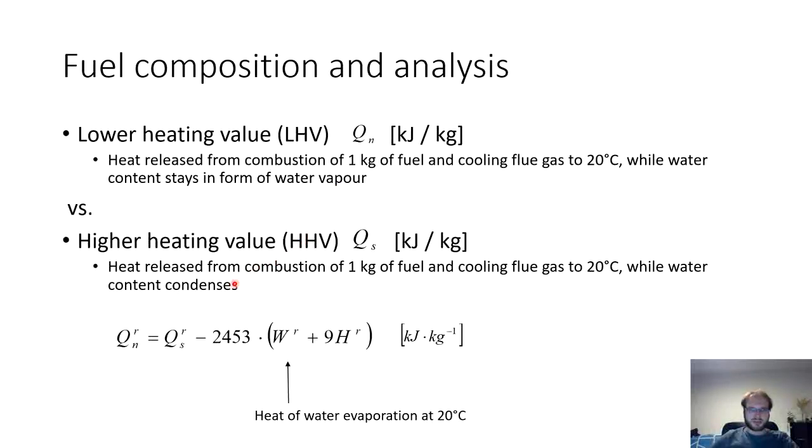The higher heating value definition is similar, but it says that the water content condenses. So the higher heating value is, of course, as the name says, higher. Lower heating value is lower by the condensing heat of the water content. We can see that also in the equation here below, where the lower heating value, Qn, is the higher heating value minus the heat of water evaporation at 20 degrees C.